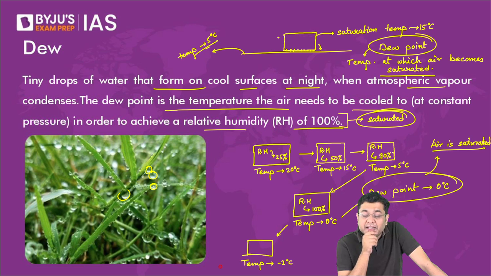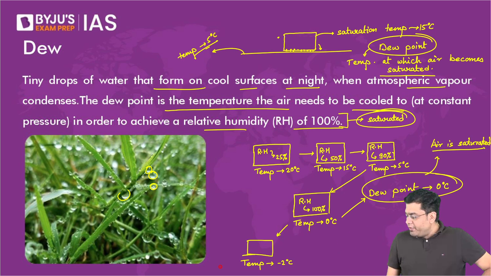But will it be liquid water droplets or ice particles? Ice. Perfect. Because we are at a negative temperature. So here condensation will be in the form of ice particles.